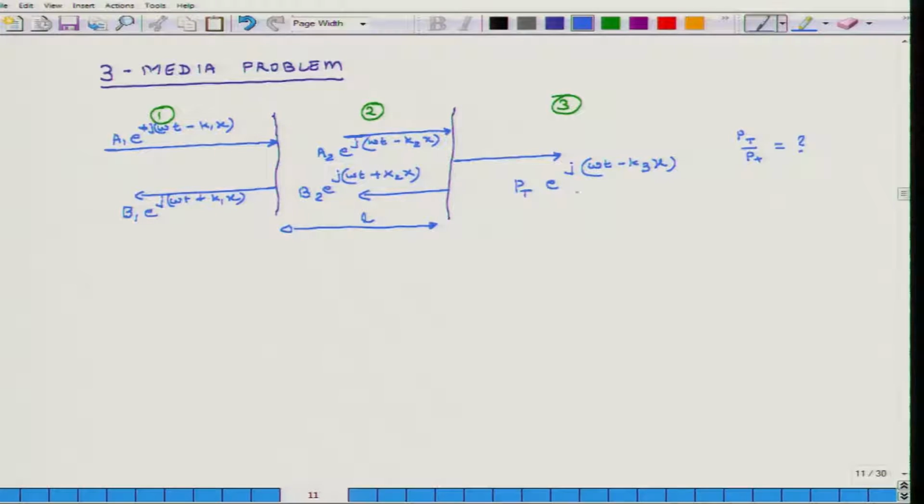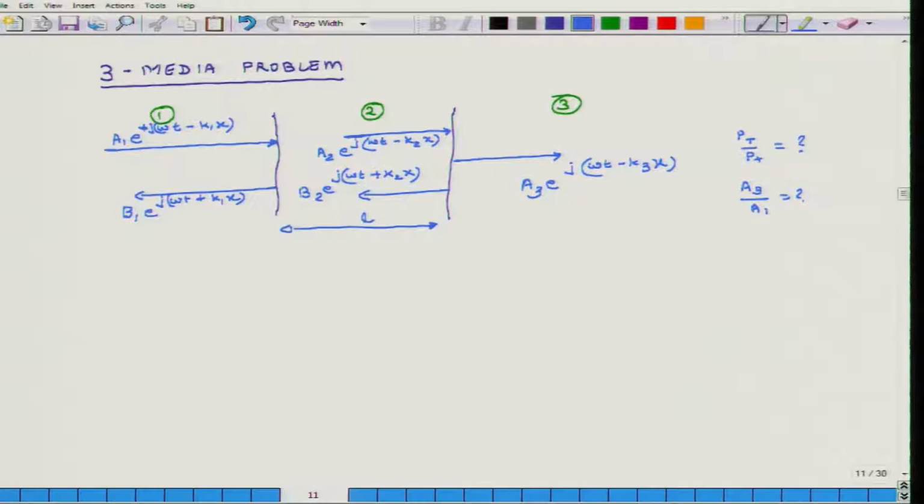Finally, the wave which is getting transmitted out of medium 3, its complex magnitude constant we will call A3. So what we are looking at is the ratio of A3 and A1.